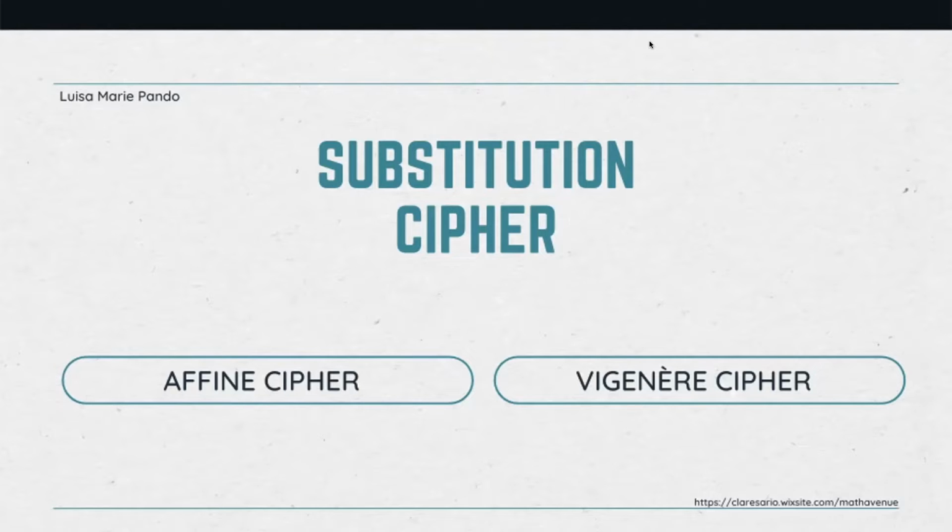Pero today we will be using our regular plain alphabet, up to 26 letters only. So the encryption rule for affine cipher is y equals ax plus b modulo 26, and the decryption rule is x equals a raised to negative 1 times y minus b.